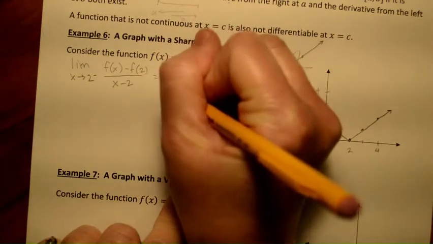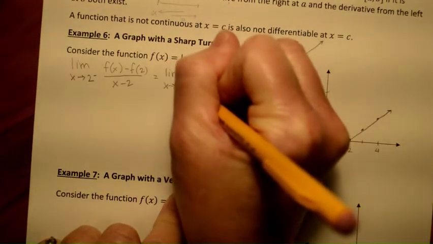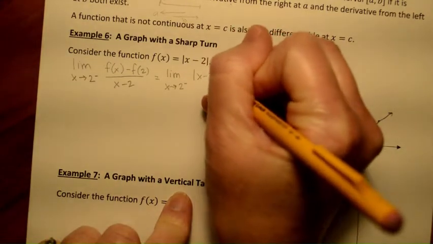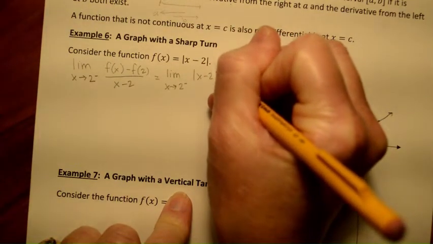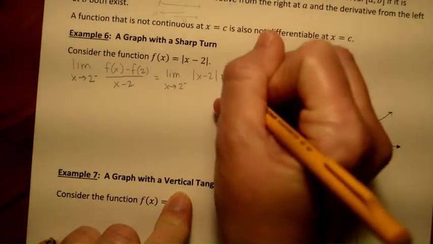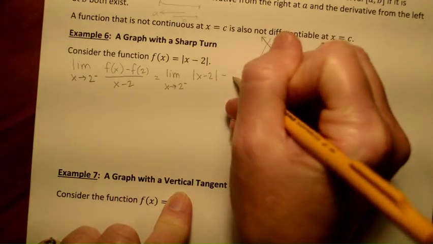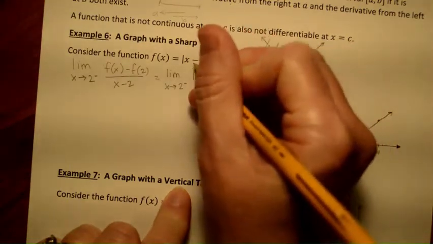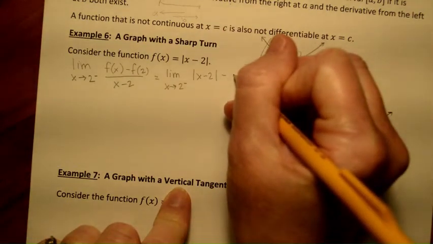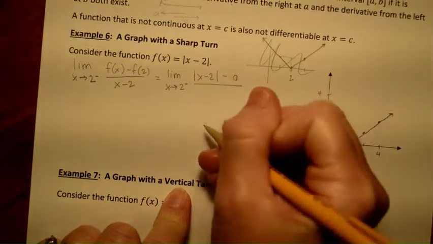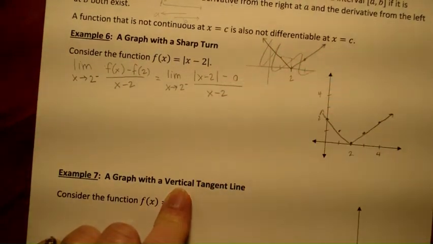So we've got the limit as x approaches 2 from the left of f of x. Again, that means absolute value of x minus 2, minus f of 2, which is 2 minus 2 is 0. Absolute value of 0 is 0. And then over x minus 2.